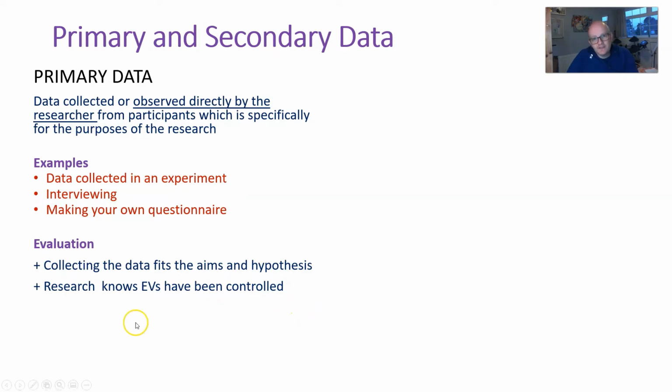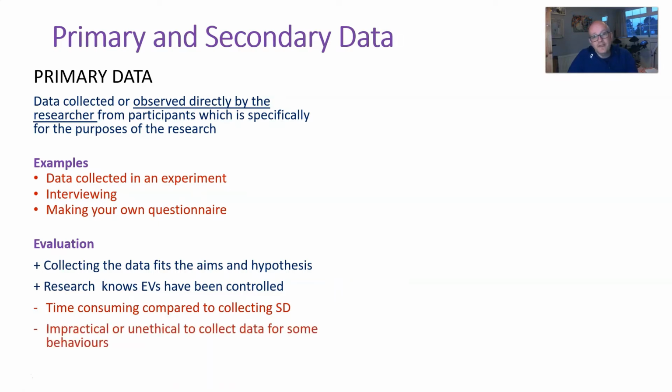Okay, so that's good. It's time consuming though, because you've got to collect and plan, you've got to do it all yourself, you've got to work out all the problems, go and collect the data, speak to the participants. That's time consuming. Sometimes it's impractical to collect data, either because there is so much data that needs to be collected, and so therefore it's not feasible for the researcher to do it, or maybe because it's a bit unethical or not accessible.